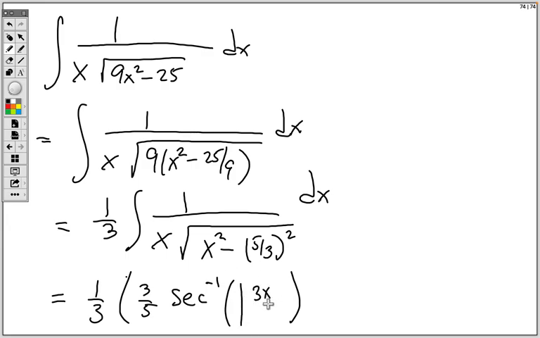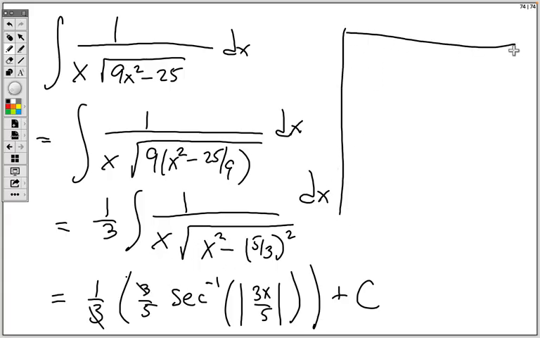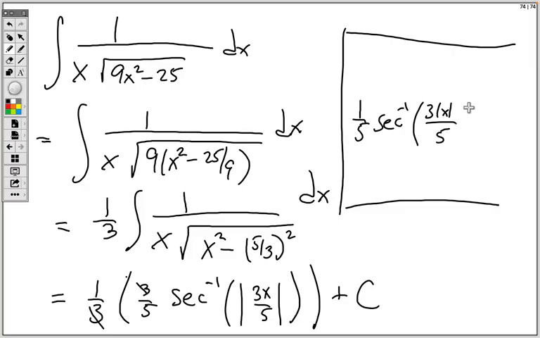So that would be a 3x over 5 plus c. And the 1/3 multiplies the 3/5. That's going to give you that 1/5. And so I get a 1/5 inverse secant of. Now the 3 and the 5 are positive to begin with, so I just need to get that x in absolute values. So 3 absolute value x all over 5 plus c. And there's our answer to that integral.